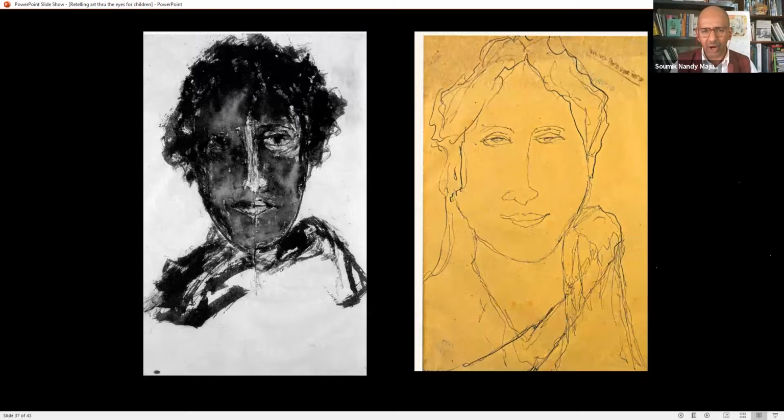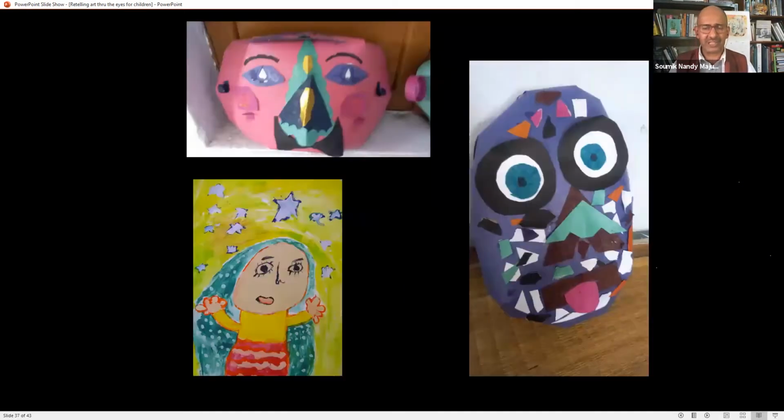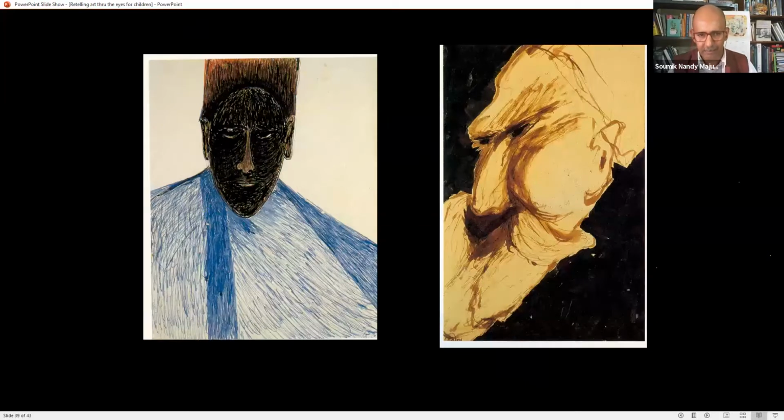These portraits might appear to some in terms of distortion, exaggeration, and all that. But for children, they are very prominent, very compelling expressions.